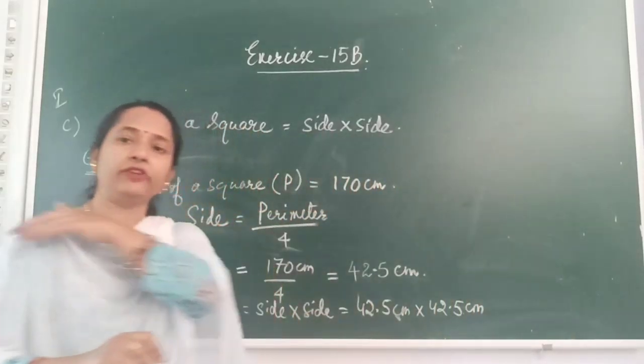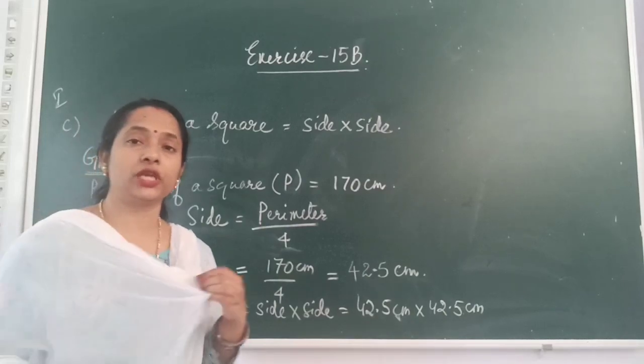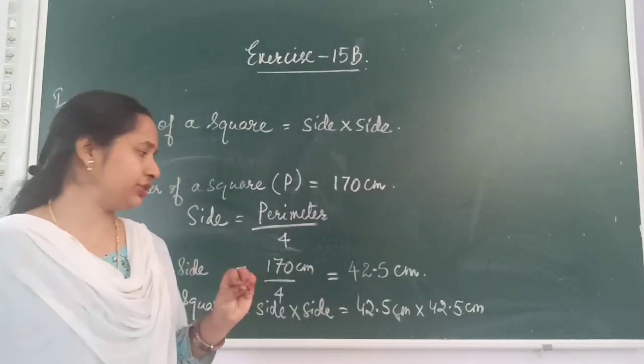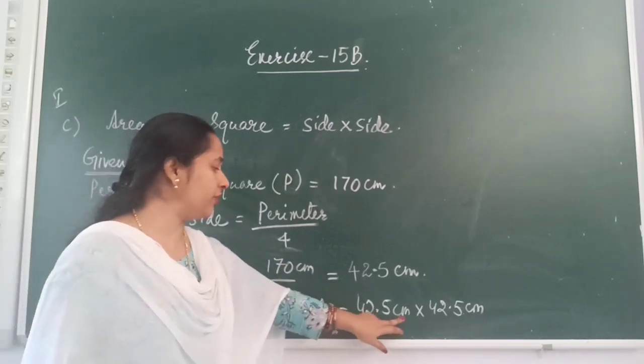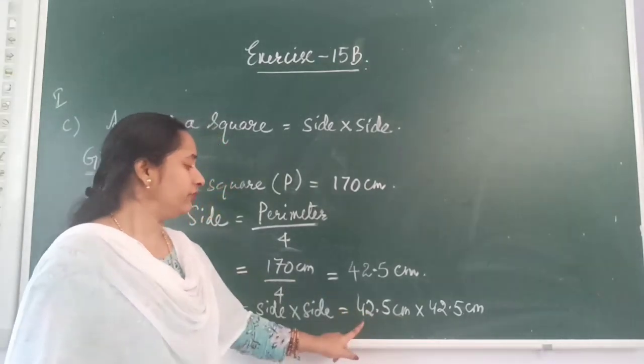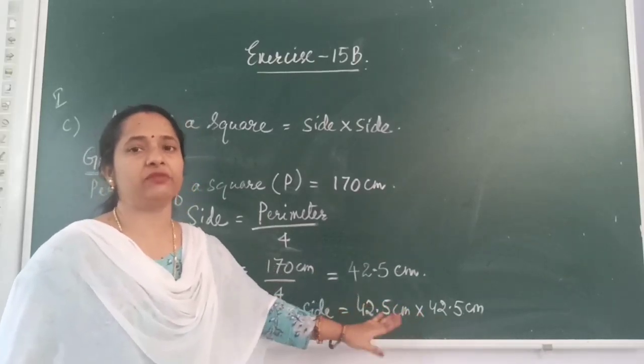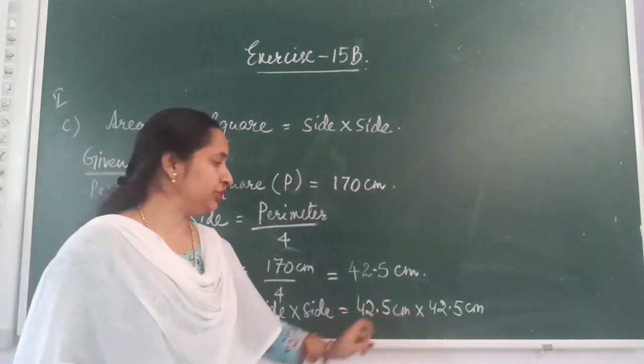Always remember, whenever you are doing calculations using any measuring units, never forget to write the measuring units. So when you are finding the product of 42.5 centimeter by 42.5 centimeter, never miss the units.